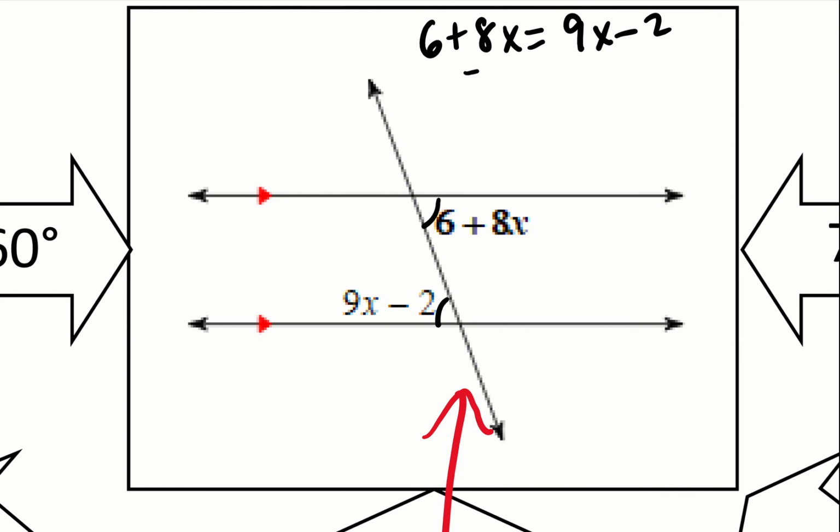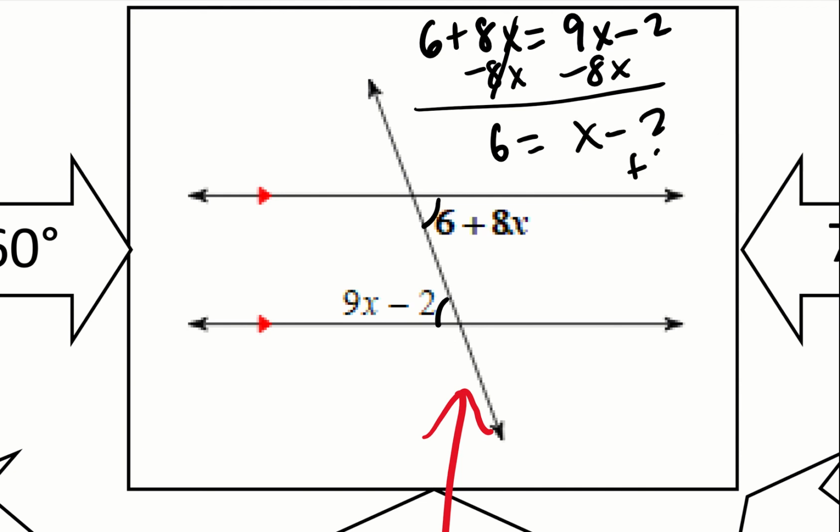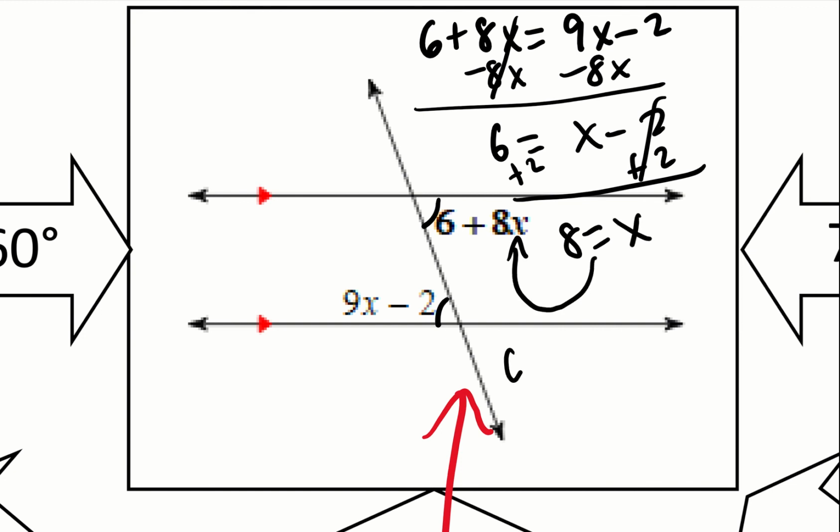Okay, I'm going to get the x's on the right-hand side because I don't want any negative numbers. So I get 1x instead of negative x. And then we'll go ahead and add it to both sides. So x is equal to 8. And so now we want to plug in 8 into x here. So we got 6 plus 8 times 8. So 64 plus 6 is 72.